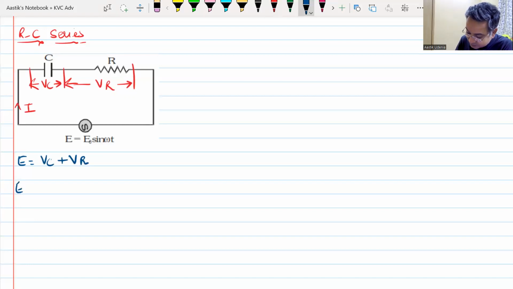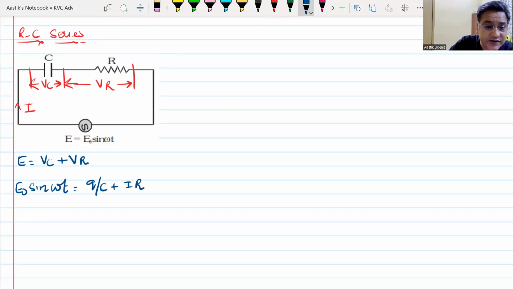This E will be equal to E naught sine omega t. This VC will be equal to Q, charge across the capacitor, divided by C, plus this will be equal to I multiplied by R.